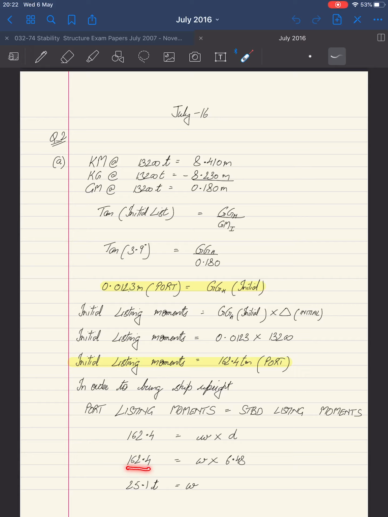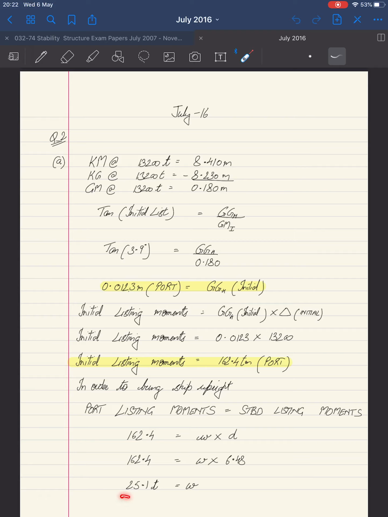So we'll write it as 162.4 equals W, which we need to find out, times the distance, which is 6.48 meters, which is the transverse distance from center line of number 2 DB tank starboard, which has been obtained from ship particulars.